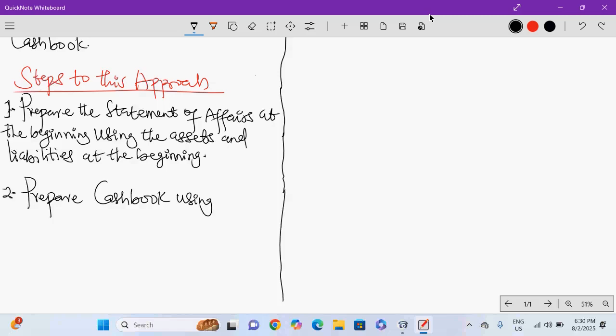So using the cash and cheques or bank transactions. In the question, if they give you the cash book already, then you have to skip this step.